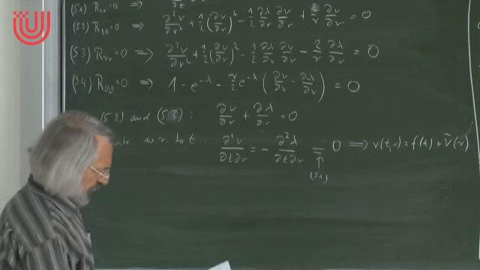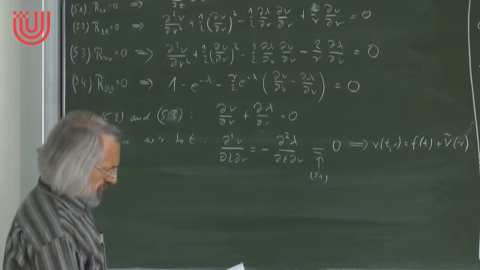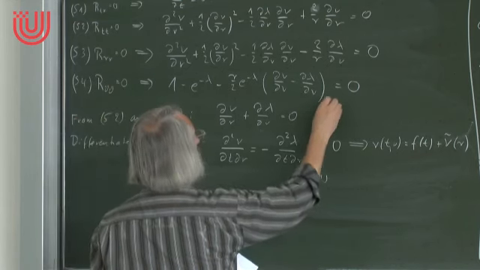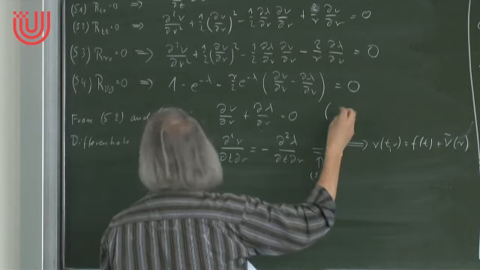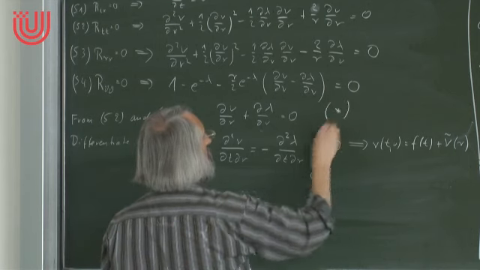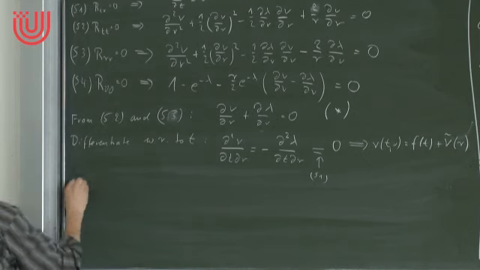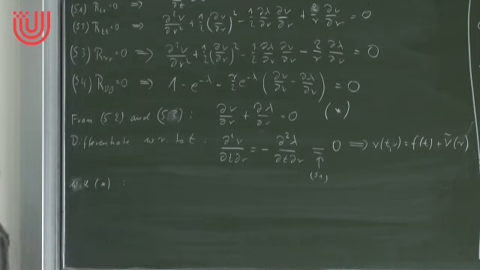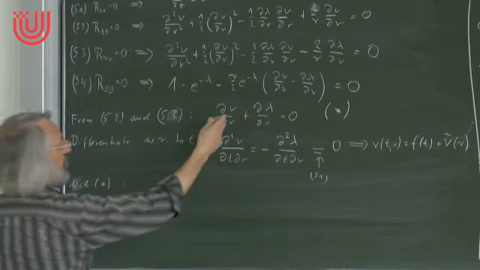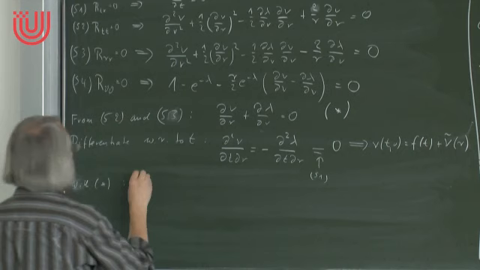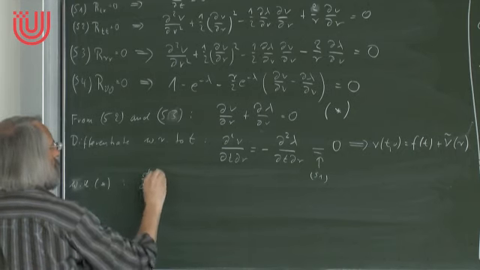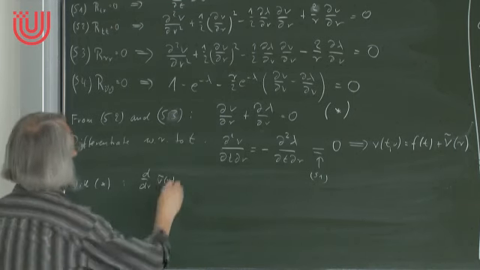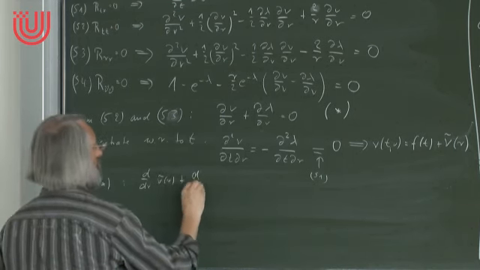And with the help of this, we can now, let's give a name to this equation here. Let's call this, I don't know, star? With star, we get, well, if I differentiate this with respect to r, I get d by dr nu tilde of r plus d lambda of r, which depends only on r.